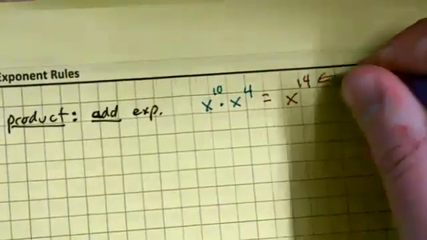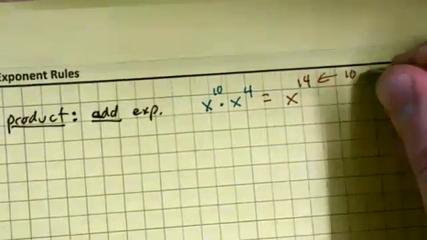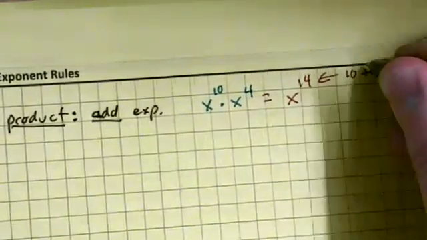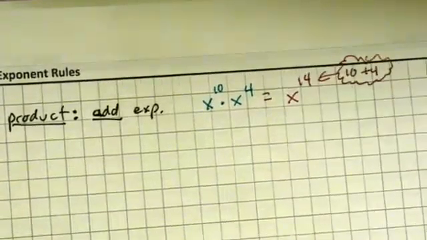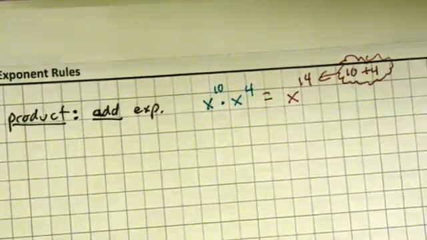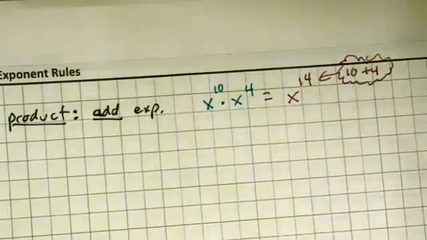Where did that 14 come from? 10 plus 4. All right. So sometimes we add this. All right, let's go back to our sheet.